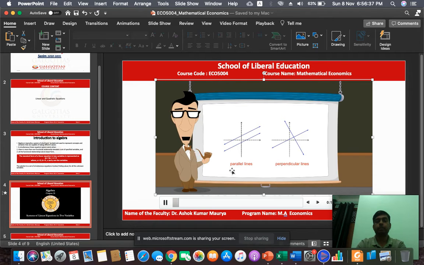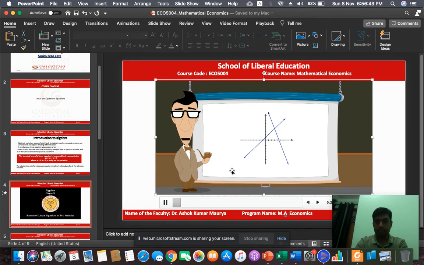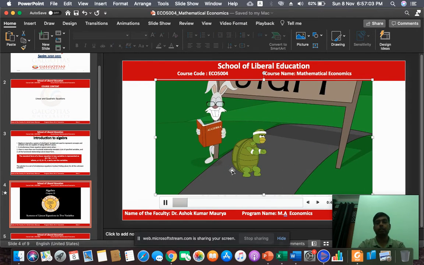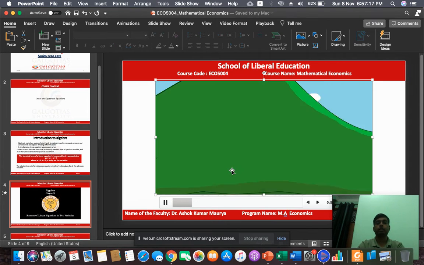This is basically the standard format of the nature of lines under a linear equation. Here we can see that the line is a straight line. There is no curvature, no changes in this line. In a linear equation we represent the equation as a straight line. We will try to understand the nature of a linear equation with the help of this graphical representation.